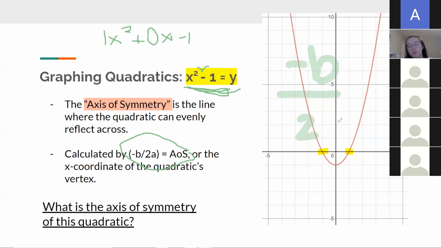Okay, what is our b term in this quadratic? Is it 0x? Yeah. So it would be 0 because -0 still equals 0. And then what is our a term?